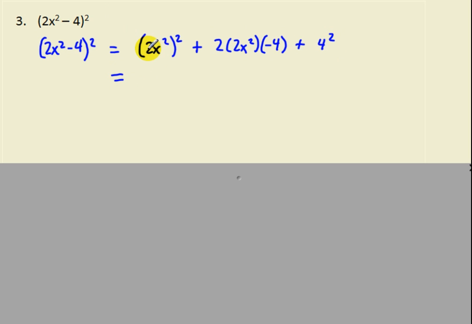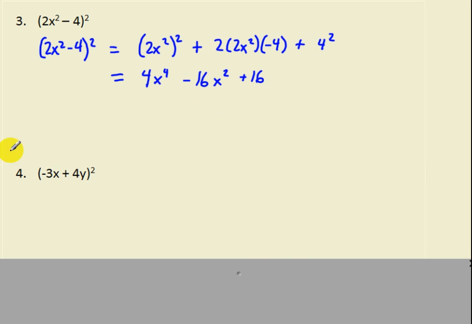So this is equal to, we need 2 squared is 4, x squared squared, multiply the exponents because we have a power of a power, and this will give us x to the 4th. Now we have 2 times 2 is 4 times negative 4 is negative 16, so minus 16x squared, and then our constant is 16.